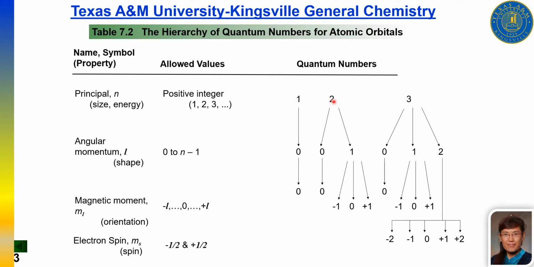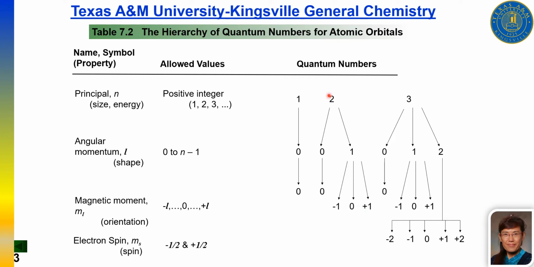If n equals 2, your l can range from 0 to n minus 1, which is 2 minus 1, so 1. If l is 0, your ml can be only 0. If l is 1, your ml can be negative 1, 0, and positive 1.